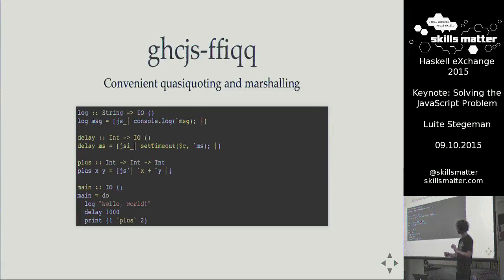You backtick your JS or Haskell names to anti-quote them, and it will automatically marshal them through the type classes supported by GHCJS base. It's still relatively experimental, but this just generates, through quasi-quoting and Template Haskell, the normal JavaScript foreign function interface things.